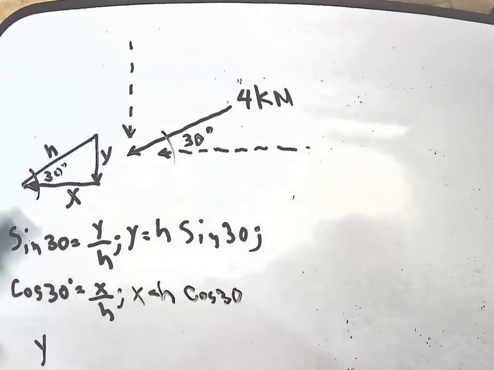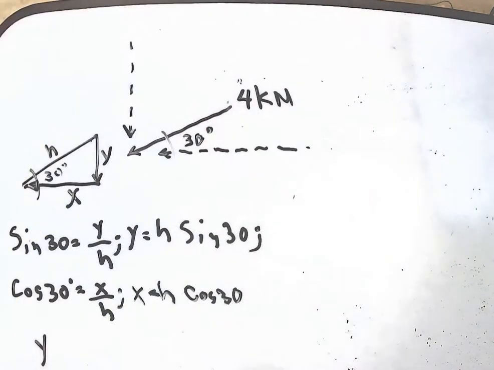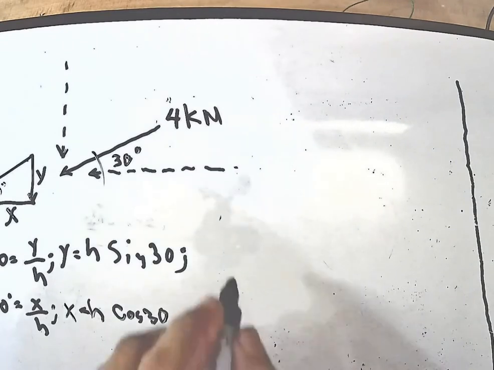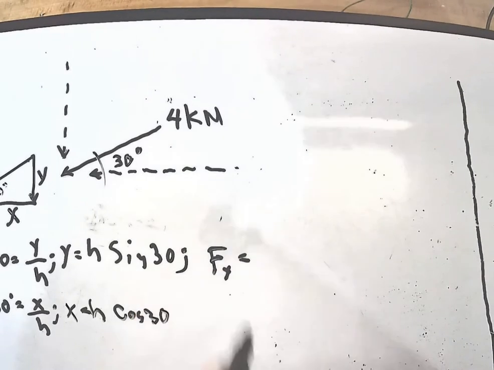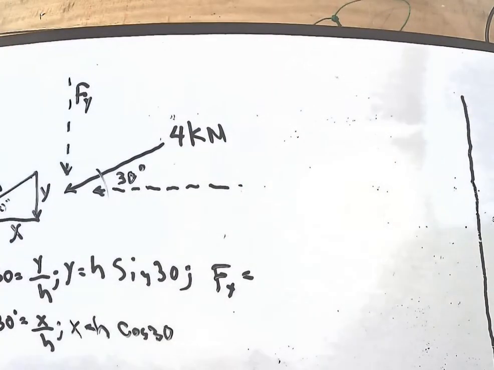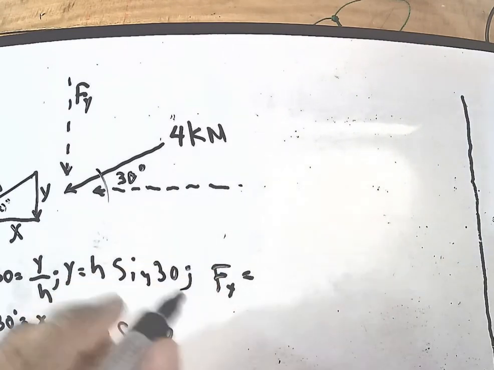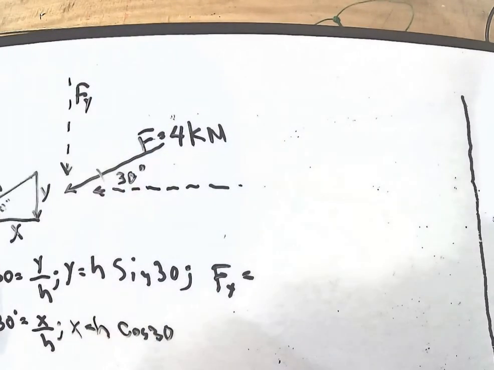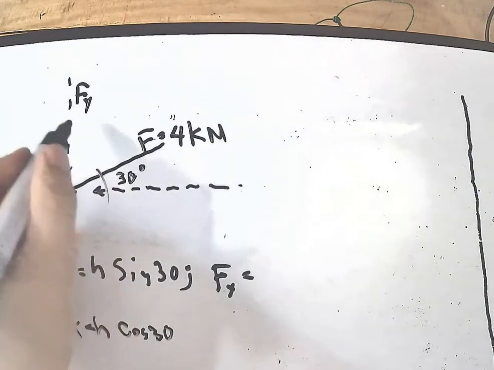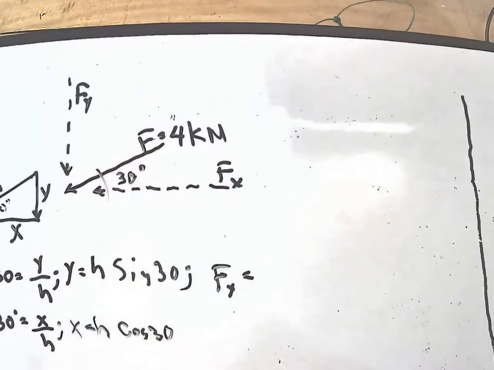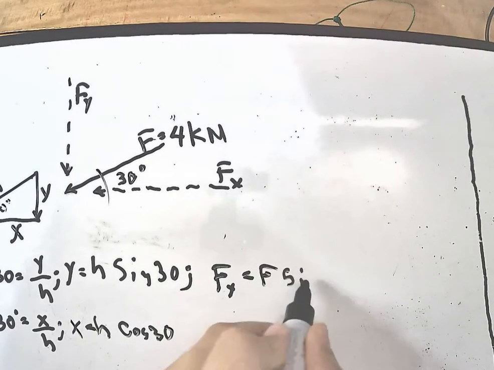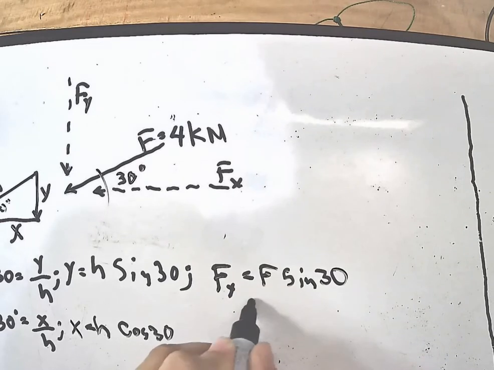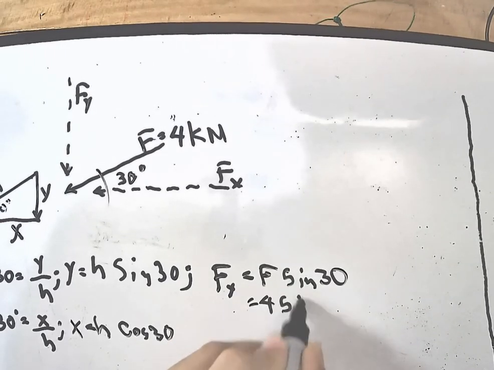So, mangyayari dyan, yung hypotenuse mo, let's say, yan yung 4 kilonewton. So, let's say, force y is equal to, let's take this as your force y, or the vertical component of your 4 kilonewton. Remember na this is your force, okay? Force is your 4 kilonewton, Fy is the vertical, and then Fx is the horizontal component. So Fy now becomes F times sine of 30, or this is 4 times sine of 30.